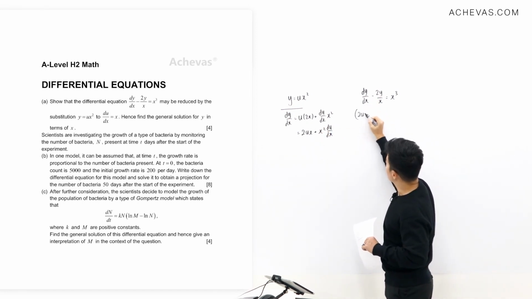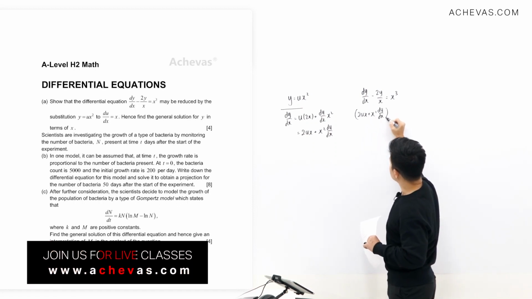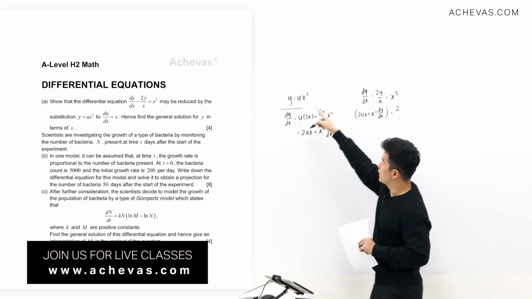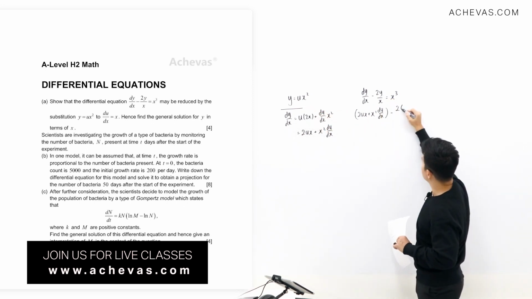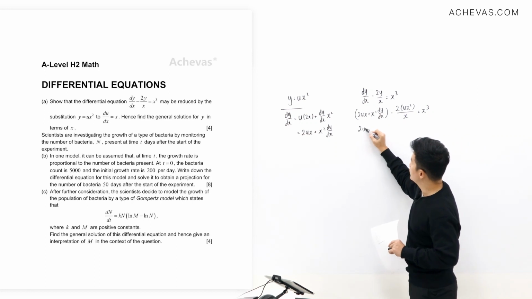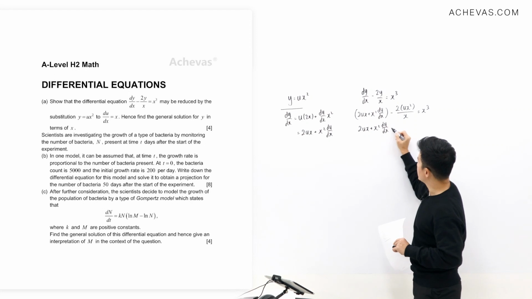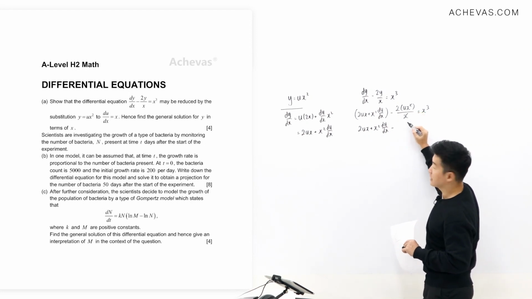So it will be 2ux plus x squared du/dx here, minus 2y. y is ux squared, so here ux squared divided by x, equal to x to the power of 3. So we will have 2ux plus x squared du/dx minus this, and this can be cancelled.